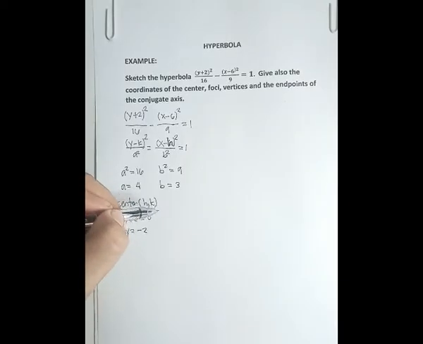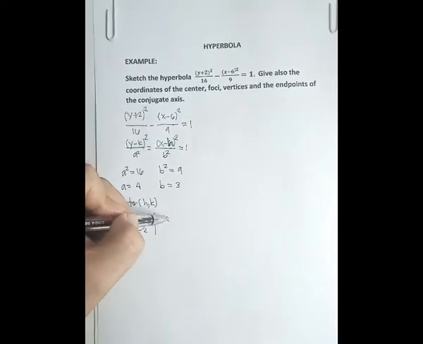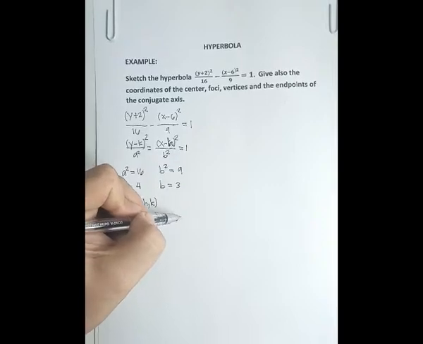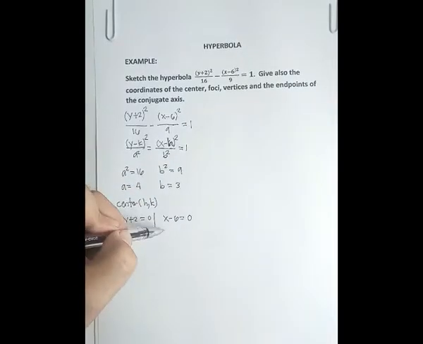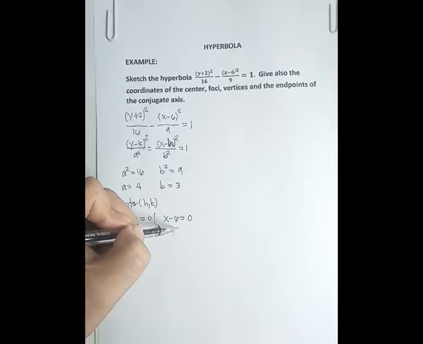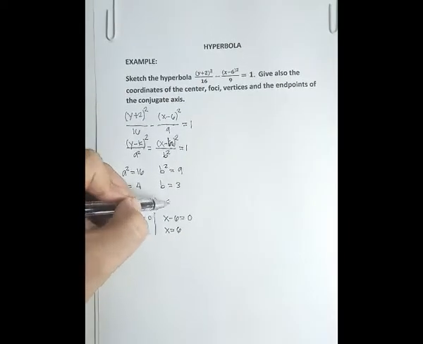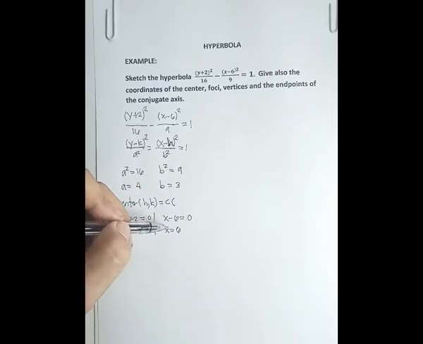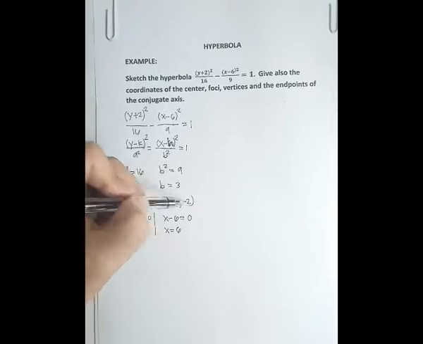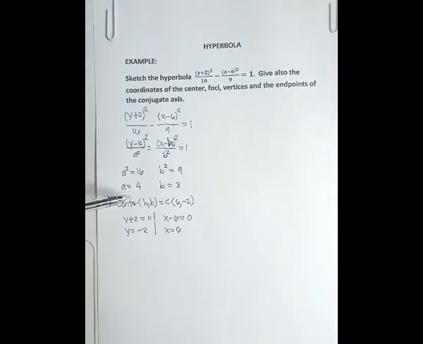And then x minus 6 equals 0, so x equals 6. So our center C is located at (6, negative 2), which gives us our values of h and k.